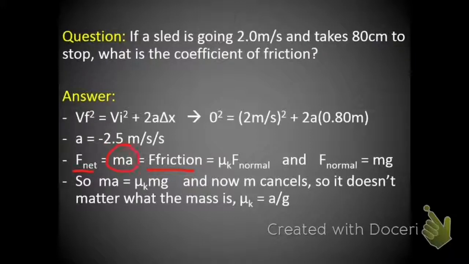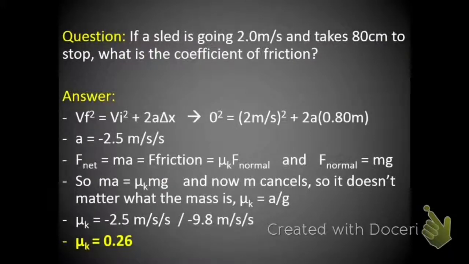So I can take mass times acceleration, net force, and set it equal to the equation for the frictional force. Now in this case, notice that there's an m on both sides, so the mass actually cancels out. And so I can simplify this equation to say that the coefficient of friction is equal to the acceleration that it experiences divided by gravity. And when I do that, I get the exact same coefficient.